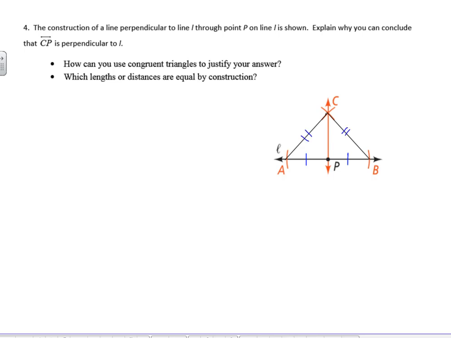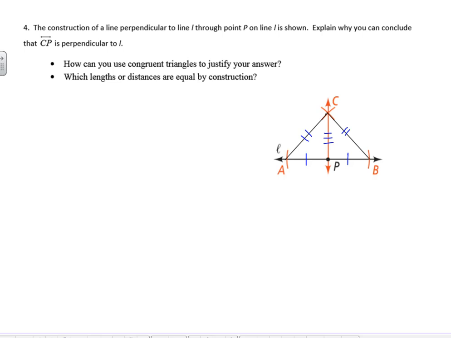So if we have those two things and then we have a common side here, we are creating two triangles that are congruent to each other.